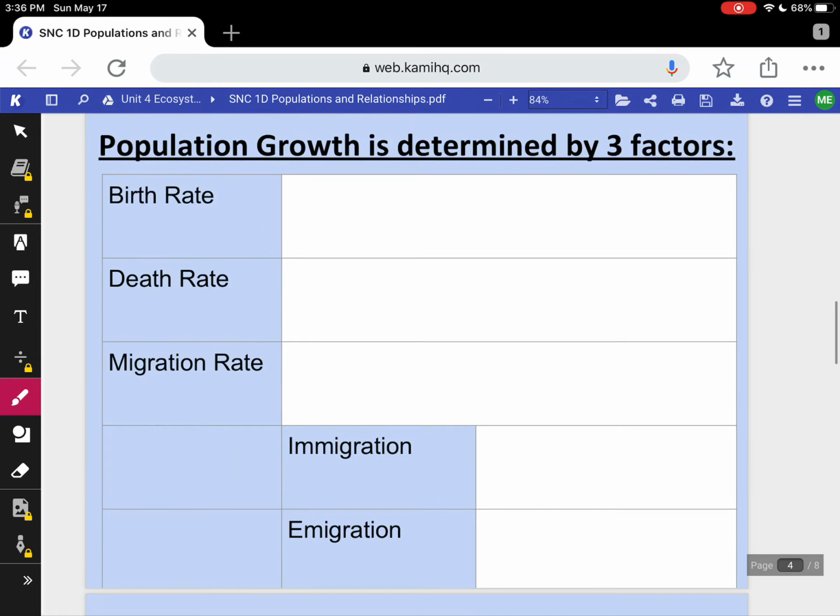Now, when we look at how populations grow, populations are affected by 3 different things. So they're affected by how many individuals are being born into the population, how frequently individuals are dying in the population, and then their migration rate. So birth rate is, of course, individuals being born.